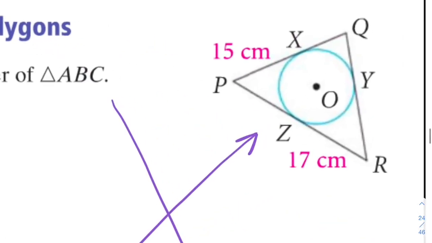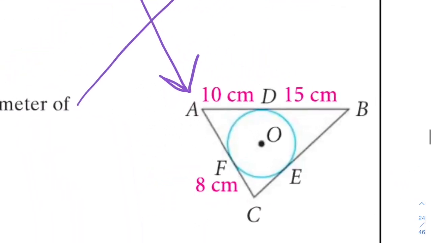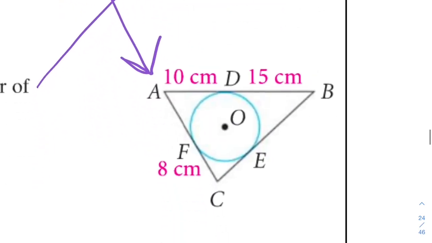Notice we wouldn't be able to find the perimeter of this one because we don't have enough pieces. We would need at least one of each piece. So this one though, if we want to find the perimeter, we know that this piece is congruent to this piece, that this one is congruent to this one, and these are congruent.